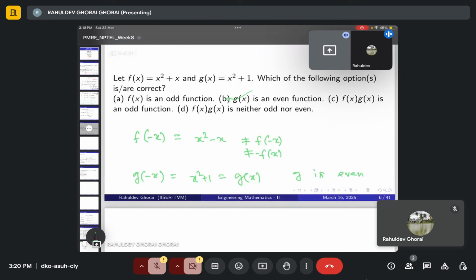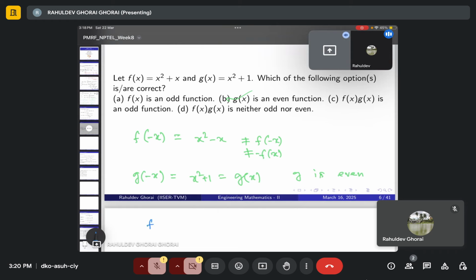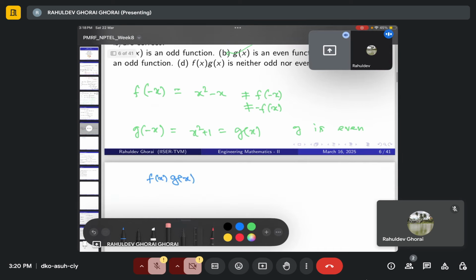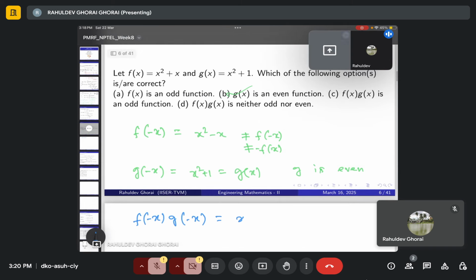So this is how you try for f(x) times g(x). I will try f of minus x times g of minus x, right? That will be x squared minus x times x squared plus 1.